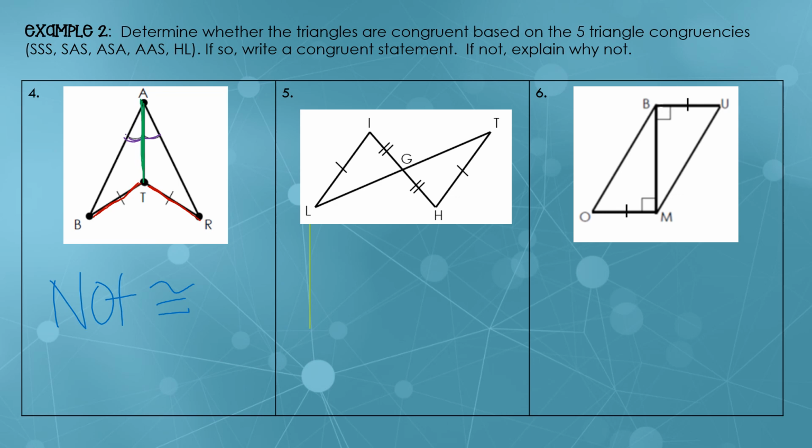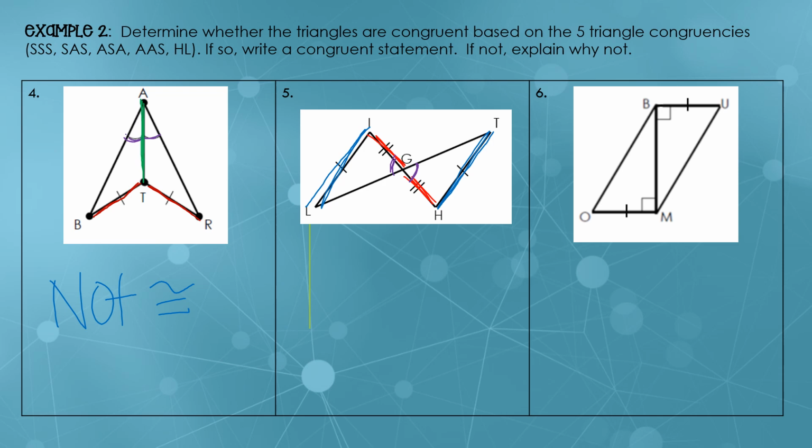For number 5, we have two sides marked congruent. We have LI and we have TH. We also have IG and HG. Two sides is not enough, so we have to look and see, is there any other information that we know? This does have that bow tie look, so we do have a pair of vertical angles. So we do have two sides and one angle.